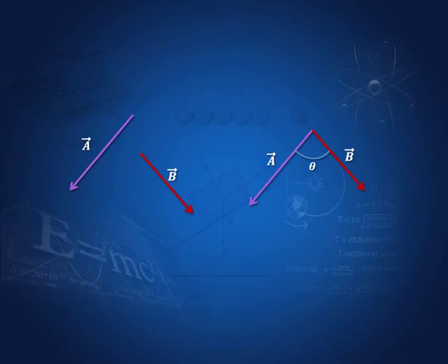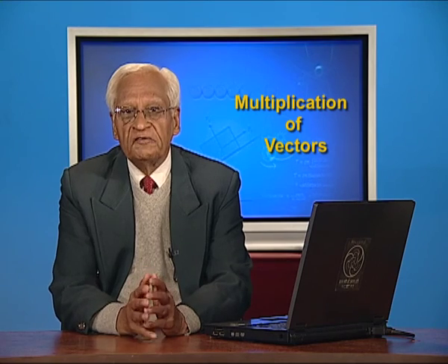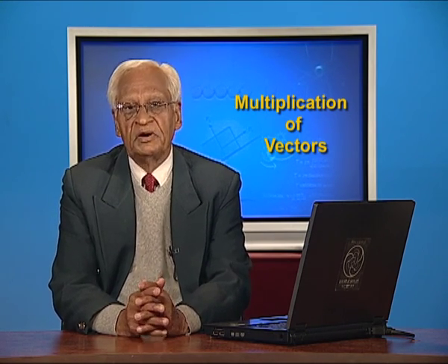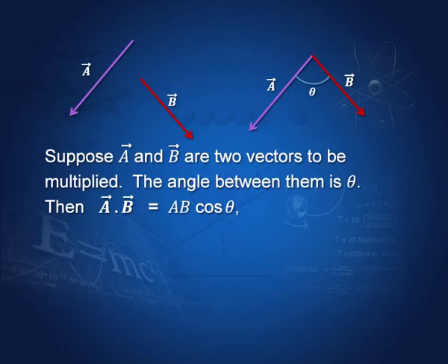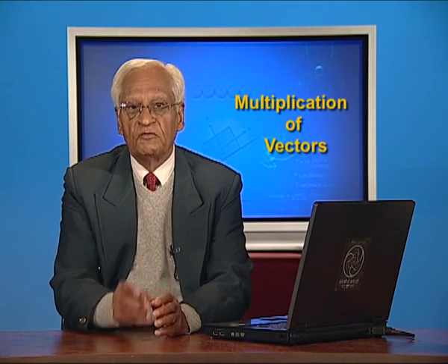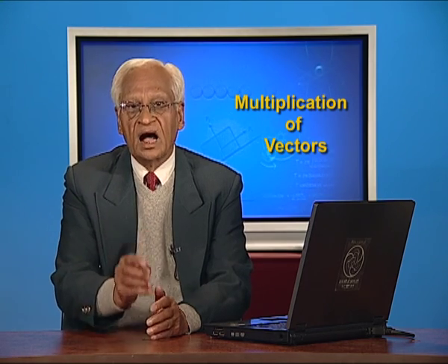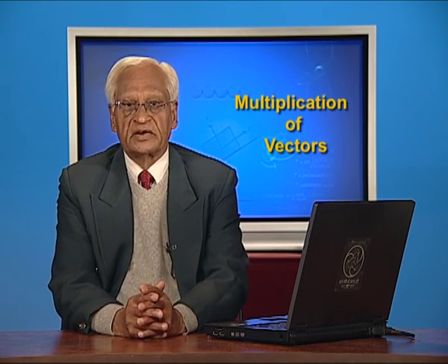Let us see how we do it. We have two vectors here, vector A and vector B. So, how do we multiply them? We join first of all vector A and vector B and find the angle between them. Suppose this angle is theta, then the product A dot B is equal to A B cosine theta, where A is the magnitude of vector A, B is the magnitude of vector B, and theta is the angle between these two vectors.